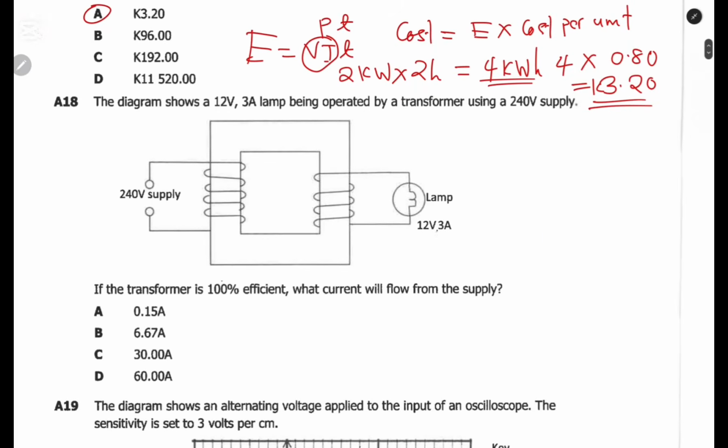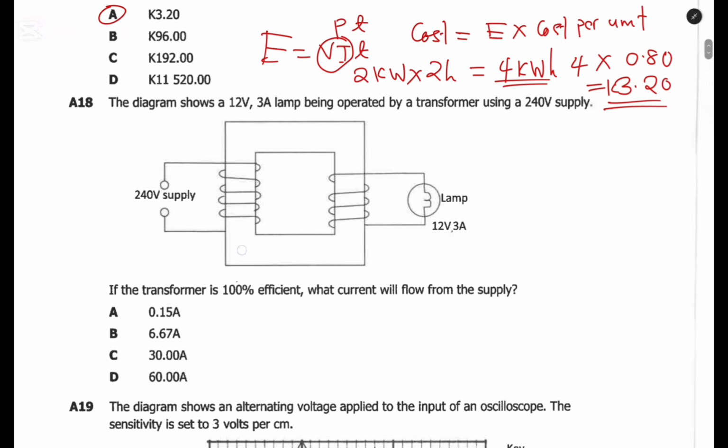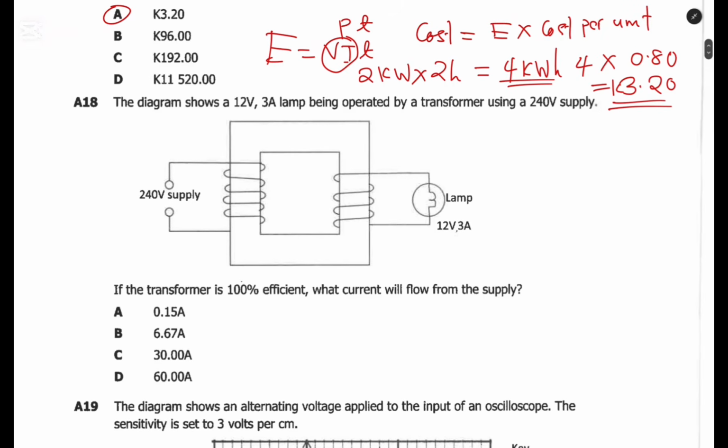The diagram below shows a 12 volt 3 amp lamp being operated by a transformer using a 240 volt supply. So now this is the main supply. Here is where you find the primary, and here is where you find the secondary. If the transformer is 100% efficient, what current will flow through the supply?